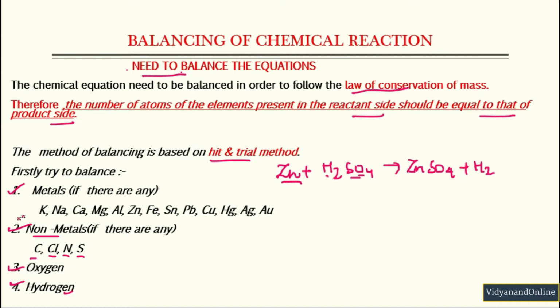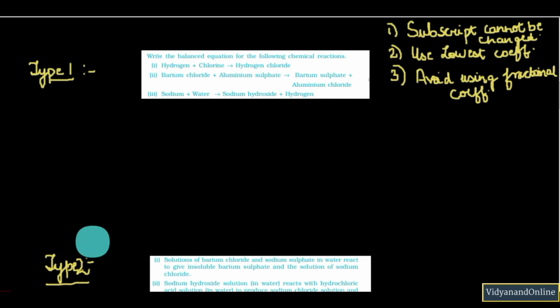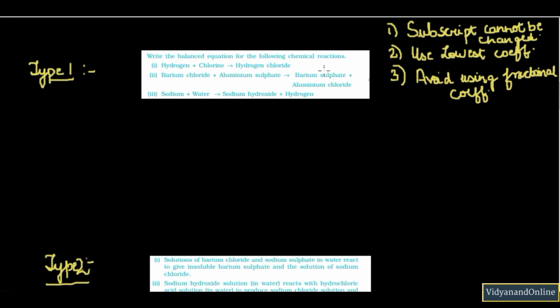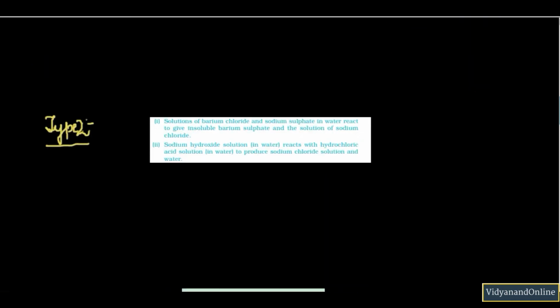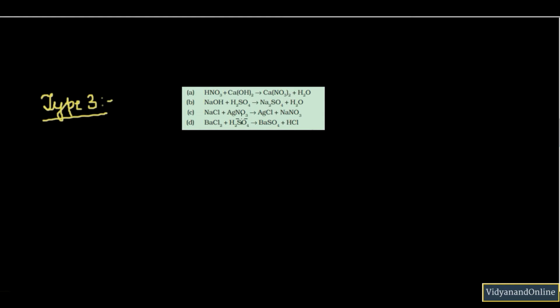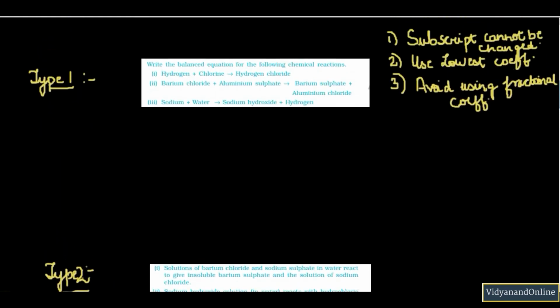These are some of the clues which will help you to balance the equation. You may get these types in balancing: type 1, in which the equations are written in word format; type 2, in which the equations are written in the form of statements; and type 3, in which the equations are written in the form of symbols and formulas. We are going to solve these types one by one.